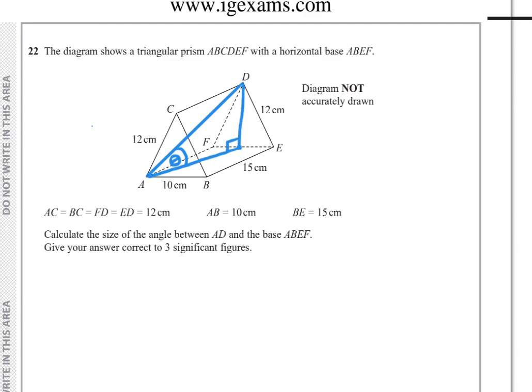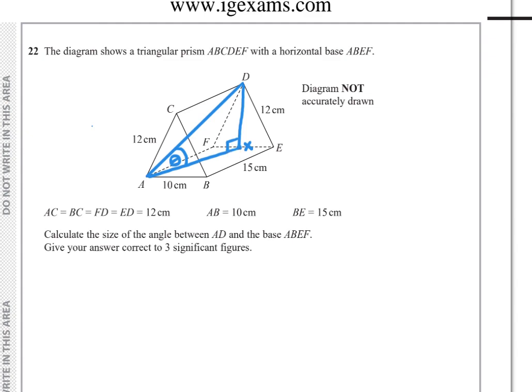Now to find this angle, we can consider this point X. We can find AX because we have right angle triangle AFX. This side 15 and this side 5.